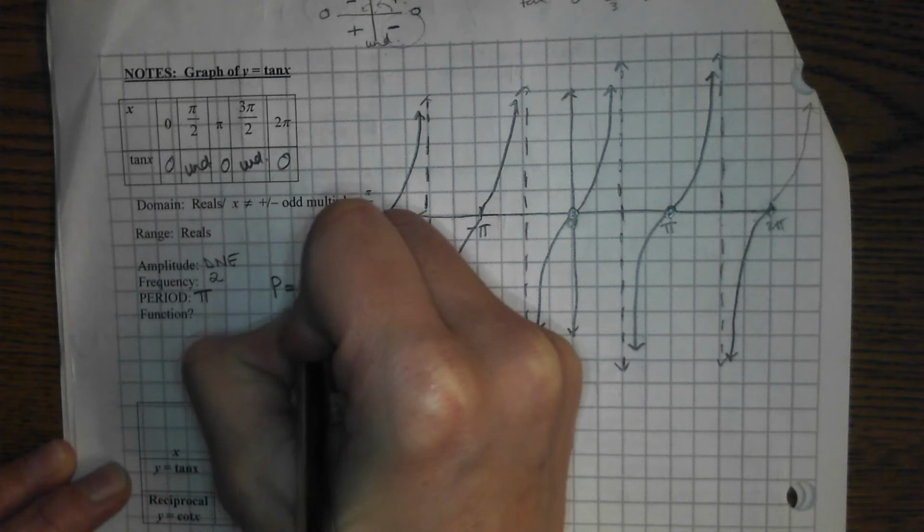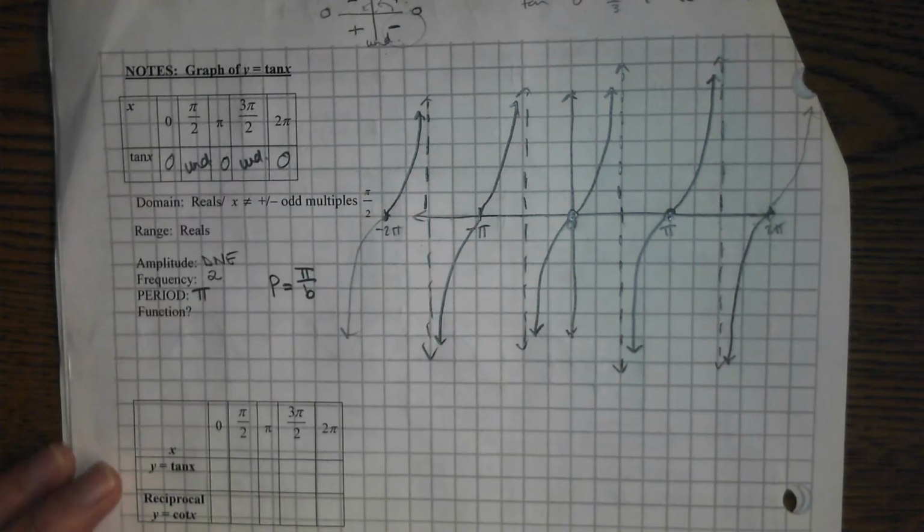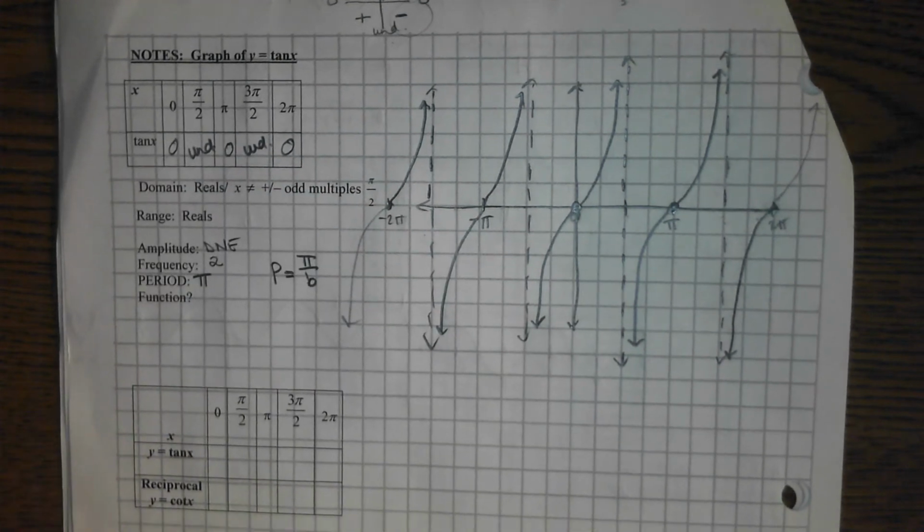For tangents, it's just pi over b. So your standard period is pi, and then that might stretch or compress based on your b value. Does that make sense? Different formula. Period equals 2 pi over b for sines and cosines, and pi over b for tangents.